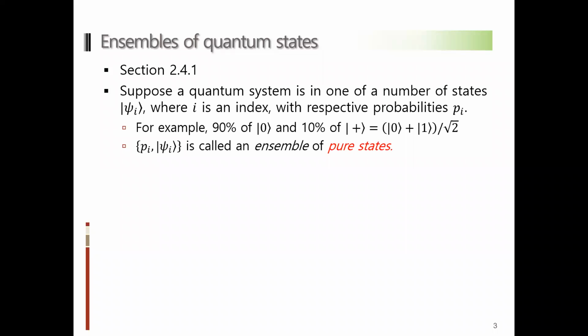So let's formally define the density matrix. First of all, we are going to consider this example. You have a 90% chance of having the 0 state, or only a 10% chance of having the plus state.